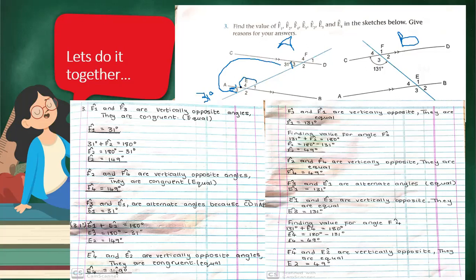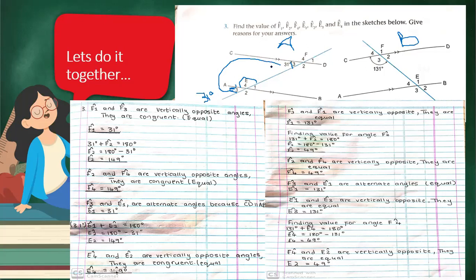We can see that inside, interior on the same side of our transversal, we have our co-interior angles, and the sum of our co-interior angles equals 180 degrees.